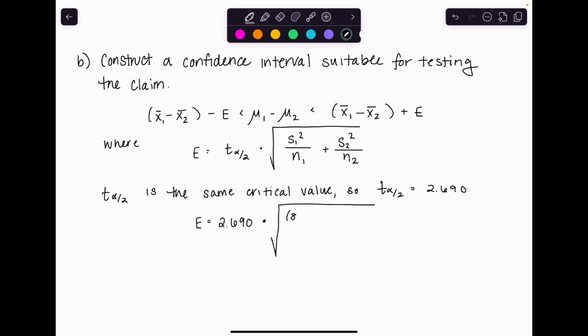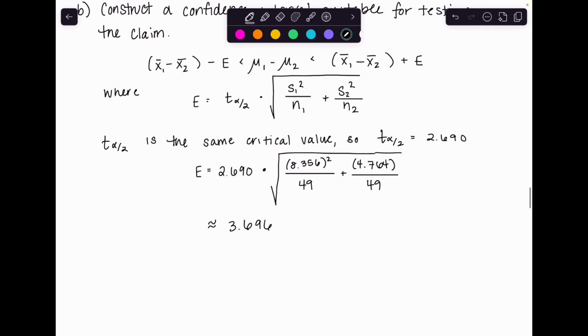S1, to avoid scrolling back up, is 8.356, and I'm just going to 3 decimals, with a sample size of 49. S2 is 4.764, and its sample size is 49. If you plug this into your calculator, it should give you about 3.696. So that would be my error.